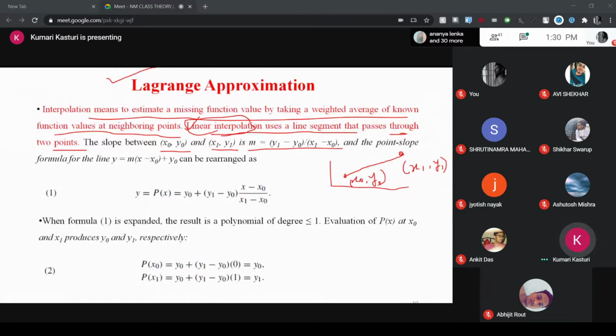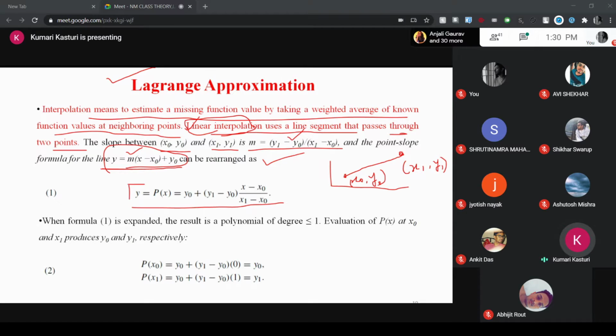Okay, since it is a straight line, obviously we can write the straight line equation, that is y is equal to m(x - x0) + y0. It can be rearranged. If you put the m value here, which you have already calculated, the equation can be written as y is equal to P(x).